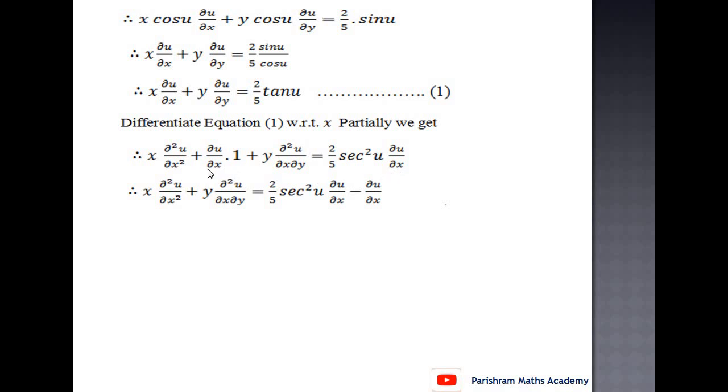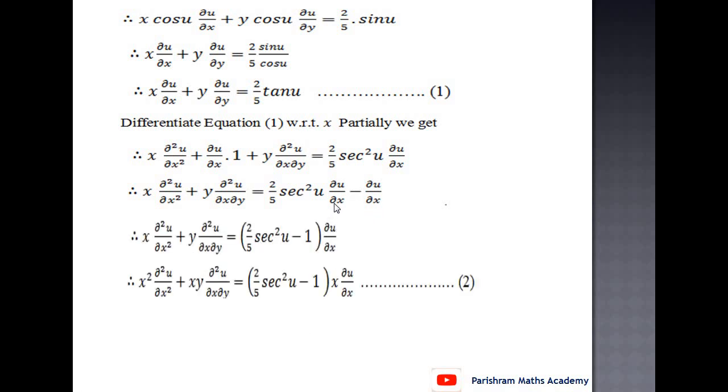Then the second term can be transferred to the right hand side. We get minus ∂u by ∂x. Then from the right hand side we can take ∂u by ∂x as common. We get 2 by 5 into sec square u minus 1 into ∂u by ∂x.